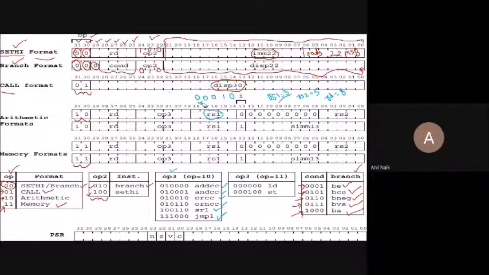Okay, I will write clearly. So this is 3, right? One data, then the second data for addition is 5, so 00101, right?